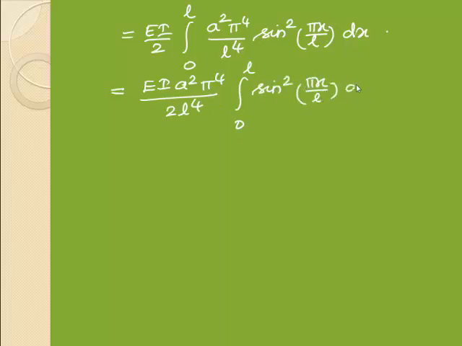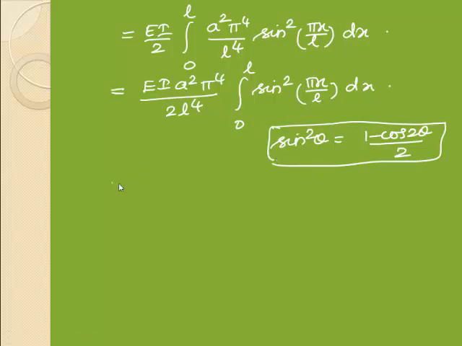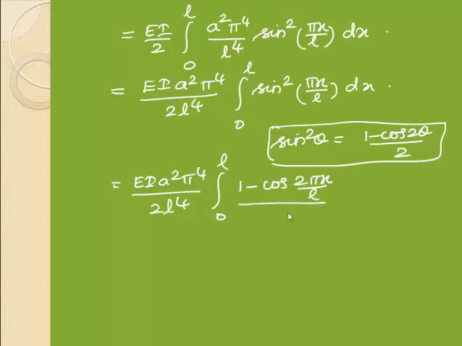sin square pi x by L dx. So for integrating the term sin square pi x by L, for simplicity we can use this expression to reduce this form. So sin square theta is equal to 1 minus cos 2 theta by 2. So the above term can be rewritten as 1 minus cos 2 pi x by L divided by 2 dx.